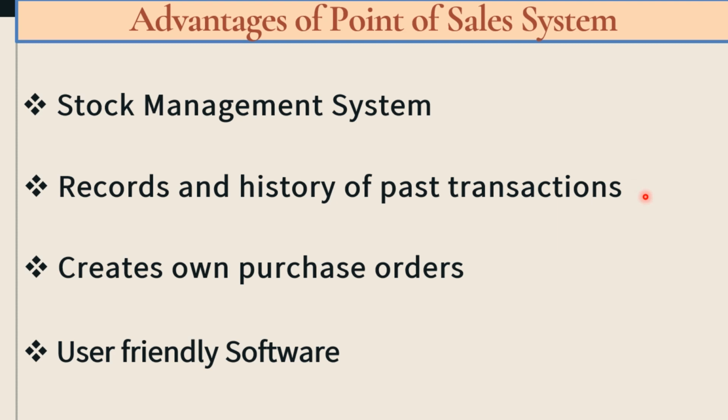Sometimes when we go to the medical shop without prescription and we ask the shop owner to give some medicines, at that time he demands the prescription which is given by the doctor.